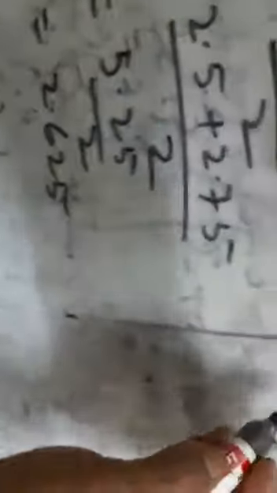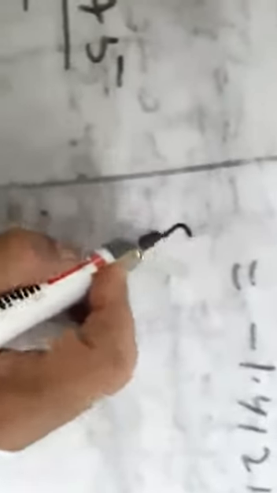So this is equal to minus 1.4121, which is negative. So the root lies between x2 and x3.